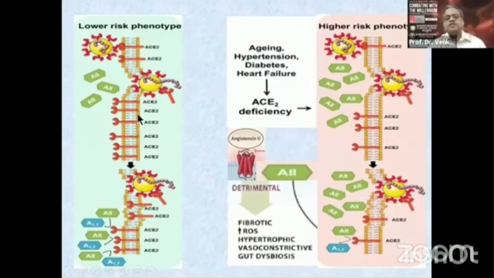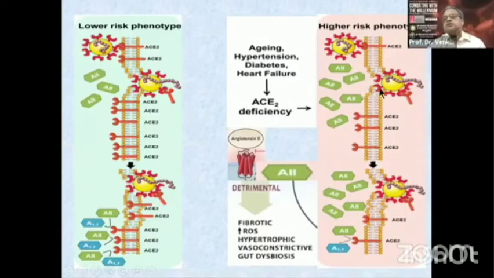So if you have more ACE2, even if the virus binds to the ACE2 and gets internalized, which carries the receptor with it, sufficient numbers of these are still present, and therefore they can still convert angiotensin 2 into angiotensin 1,7. But in these old patients, patients with hypertension, diabetes, heart failure, in all of these, the angiotensin converting enzyme 2 is deficient or reduced in number.